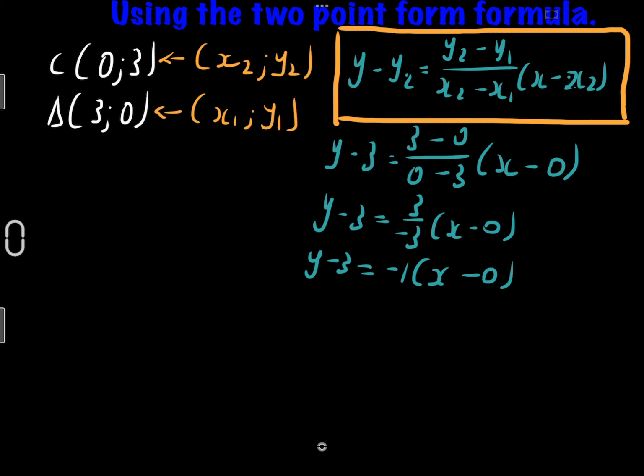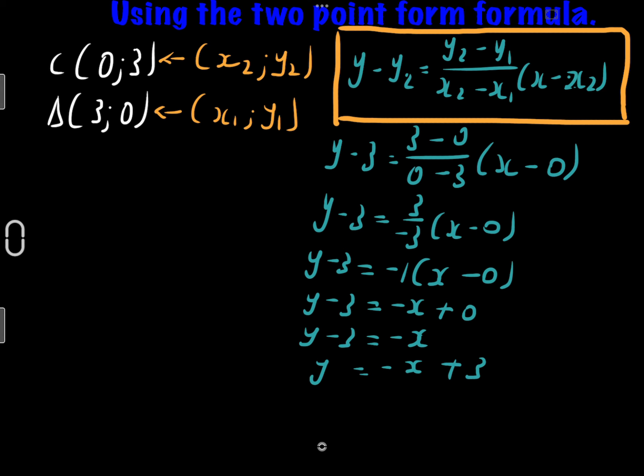By multiplying the bracket out, negative 1 multiplied by x gives us negative x, and negative 1 multiplied by negative 0, or rather 0, is just 0, so we don't have any value there. So y minus 3 is equal to negative x. So by substitution, y is equal to negative x plus 3.